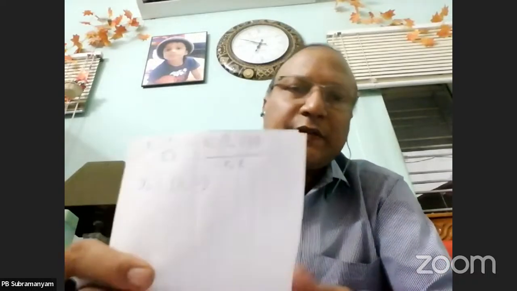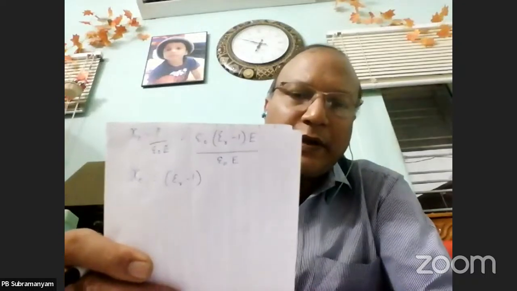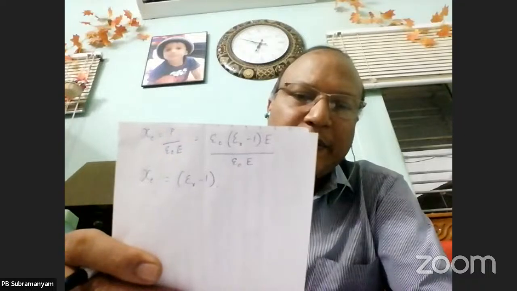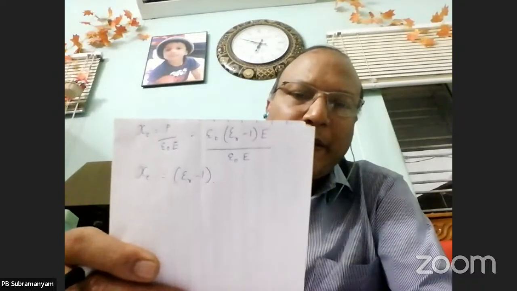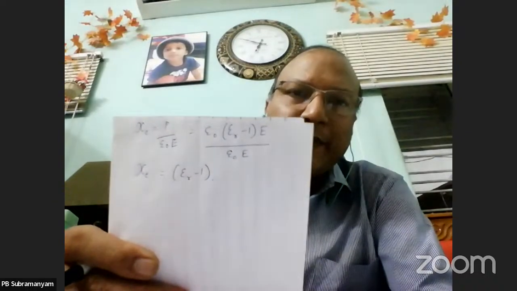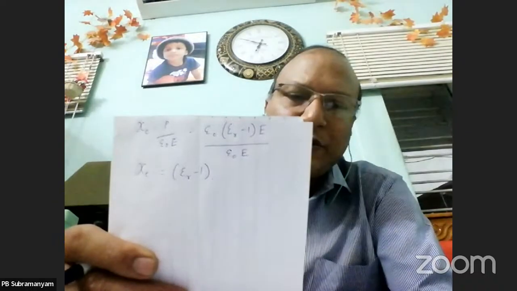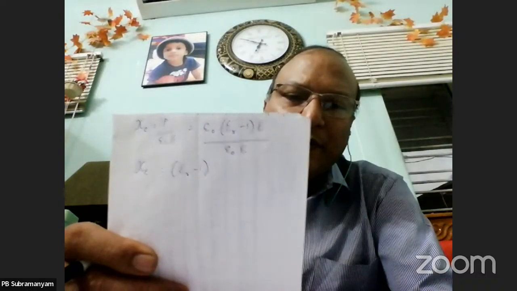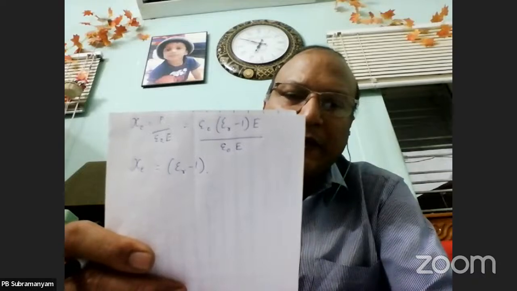So chi E, the electric susceptibility, is given by P by epsilon naught E. From the previous equation, P equals epsilon naught chi E times E, so it is sent to the left-hand side.